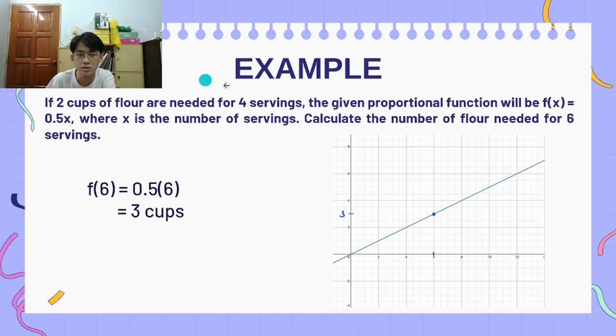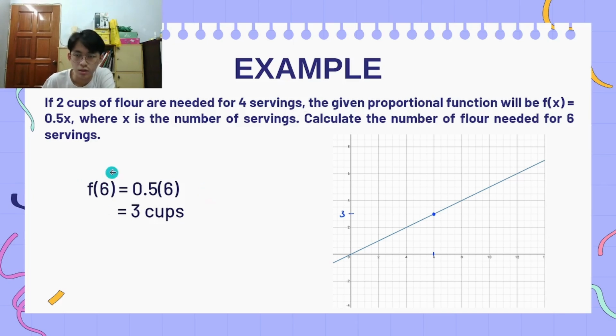So for the example, if 2 cups of flour are needed for 4 servings, the given proportional function will be f(x) equals to 0.5x, where x is the number of servings. Calculate the amount of flour needed for 6 servings. So 0.5 comes from 2 divided by 4, because there are 2 cups of flour needed for 4 servings.